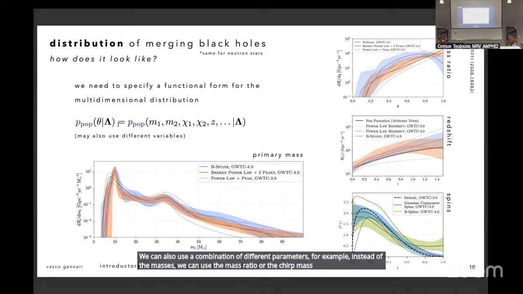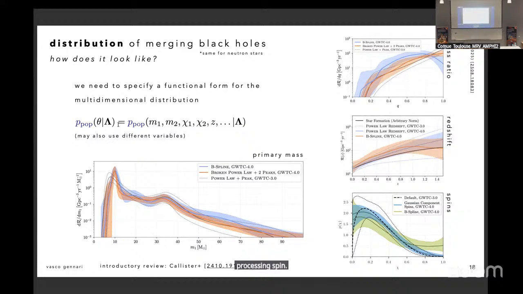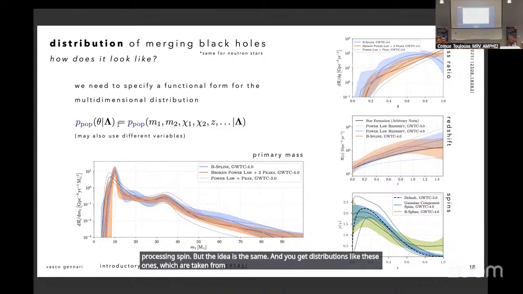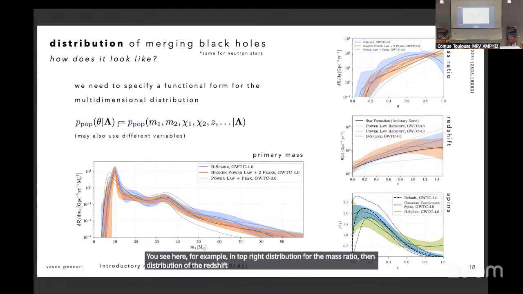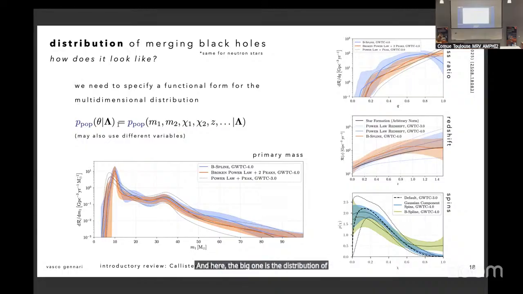Instead of component spins, we can use the effective spin or precession spin. But the idea is the same. And you get distributions like these ones, which are taken from the LVK population paper. You see here, for example, in the top right, the distribution for the mass ratio, then the distribution of the redshift, the distribution of the spin. And here, the big one is the distribution of the primary mass.